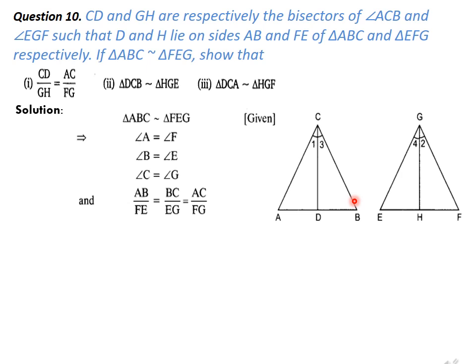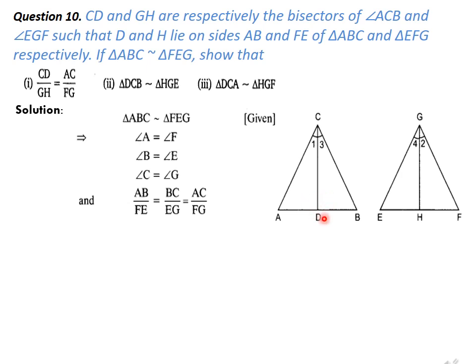And for the other triangle, GH is the bisector of EGF. So this angle is bisected by GH. Since CD is the bisector of angle C, we can say that angle 1 is equal to angle 3. These two angles are equal.